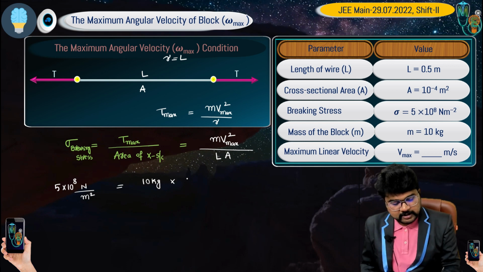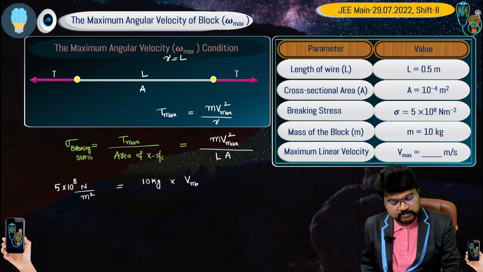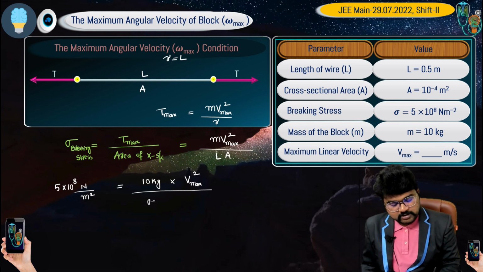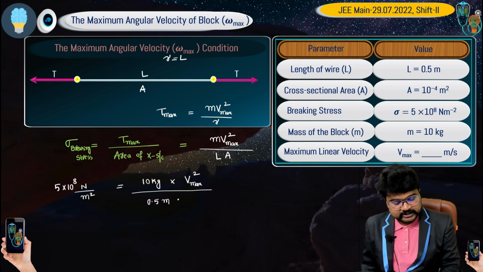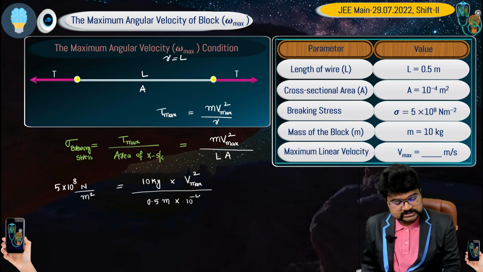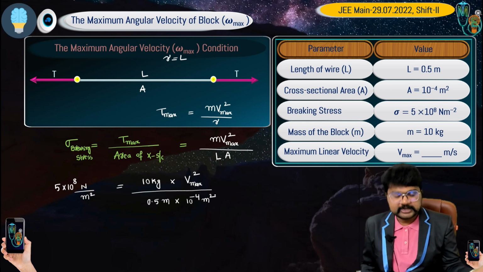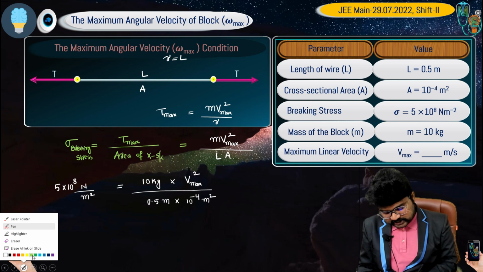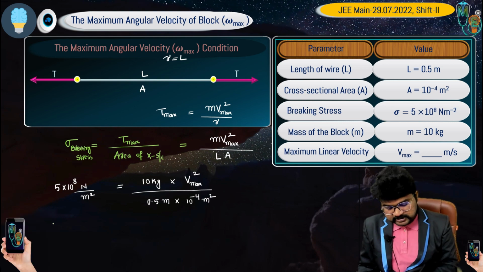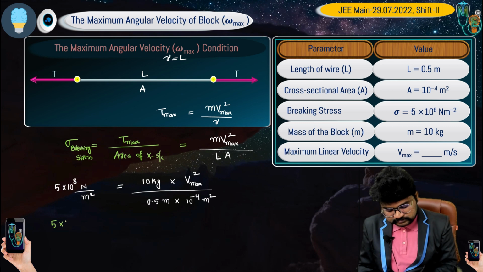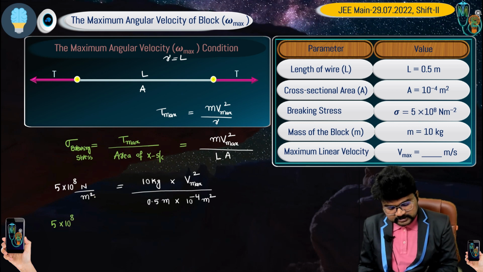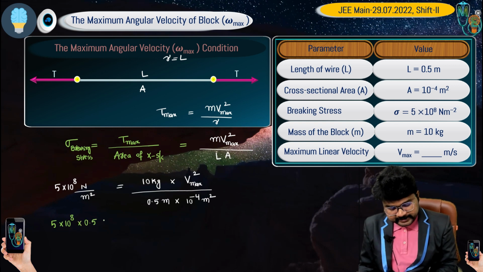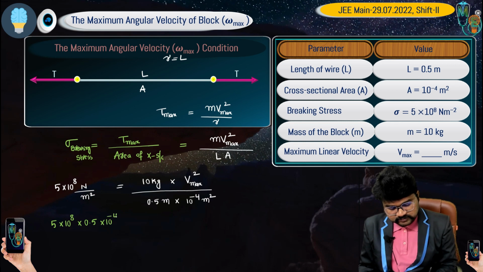We need to calculate the maximum linear velocity of the block. The maximum linear velocity square, the length of the wire 0.5 meter, into 10 power minus 4 meter square. Then what are people getting? Tell me. Here you can take this part to the left hand side. Then 5 into 10 to the power of 8 meter square gets cancelled out into 0.5 into 10 power minus 4.